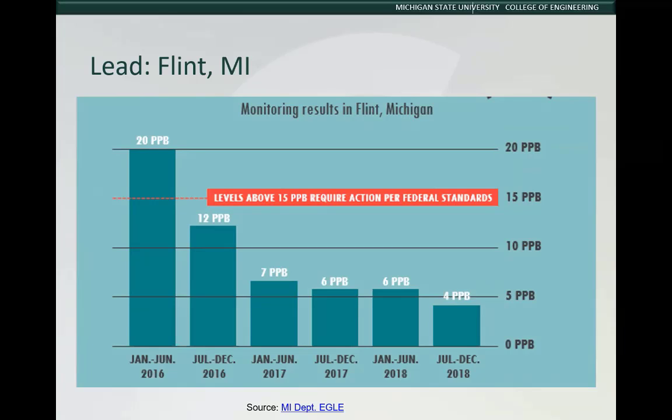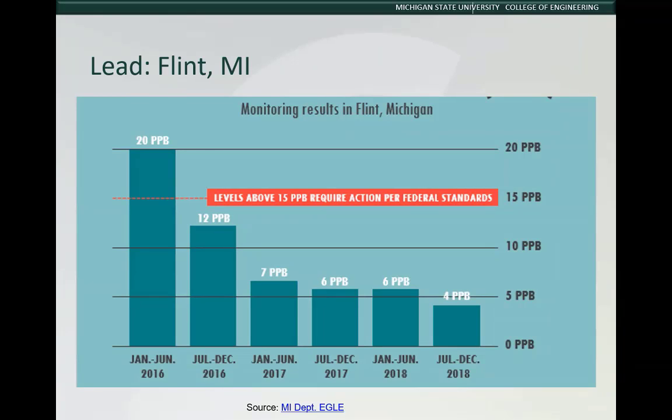But what we observed in Flint was a significant increase in the lead concentrations as a result of the change from purchasing water from the Detroit Water and Sewer Department, which had been treated Lake Huron water piped to Flint and then distributed. In April of 2014, they switched to treating Flint River water in Flint and distributing that.